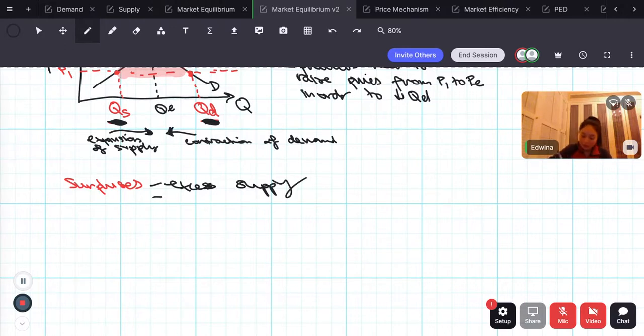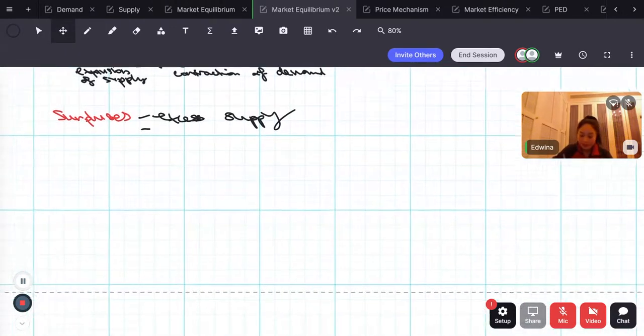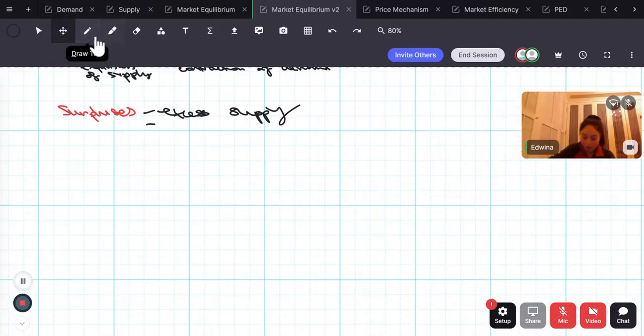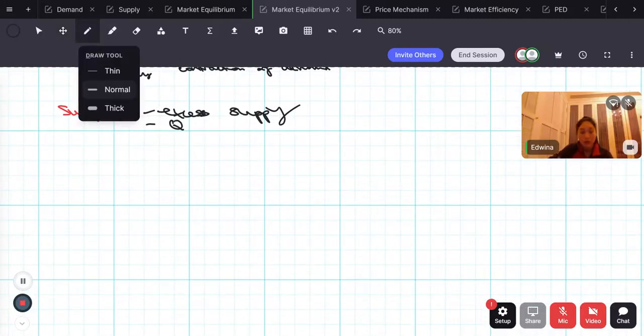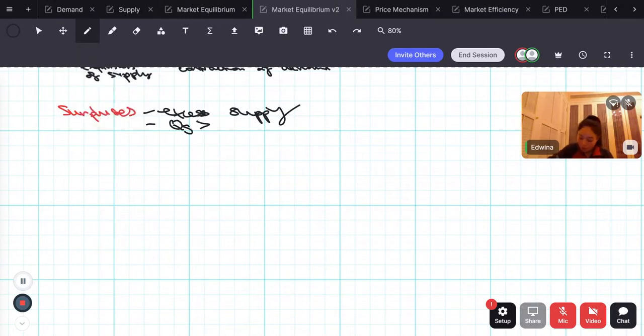And so what this means numerically is that quantity supplied is greater than equilibrium quantity. But why is that? The root cause of that is because price is greater than the equilibrium price.